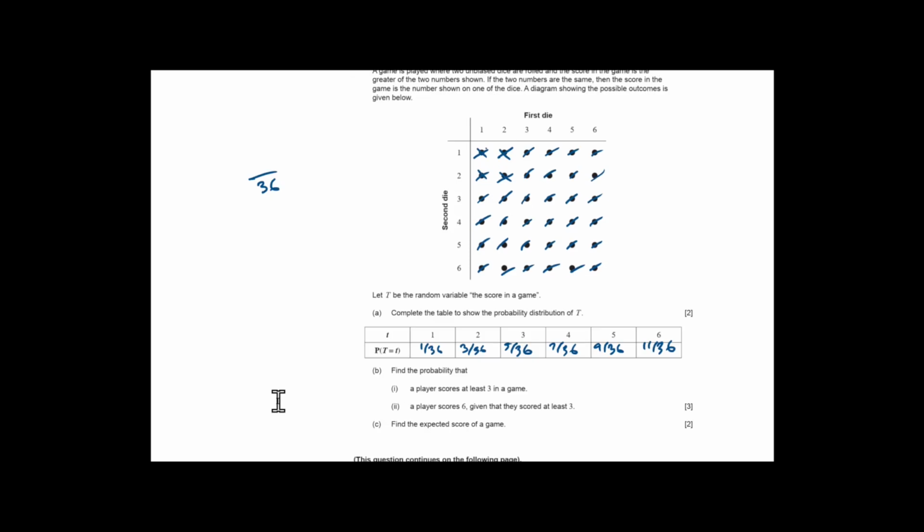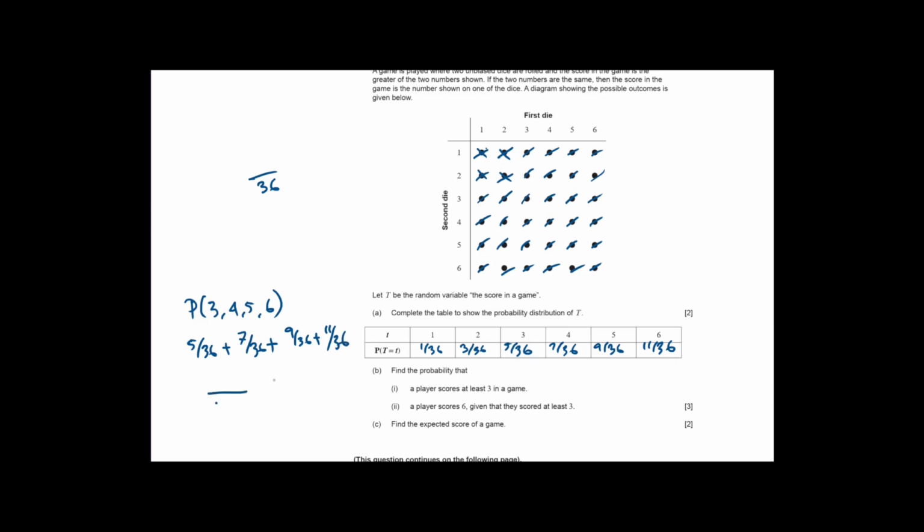So find the probability that a player scores at least 3 in the game. Okay, so the probability of at least 3 is including 3. So it's the probability of getting 3 or 4 or 5 or 6. So we're going to add those together. So the probability of getting 3 is 5 over 36 plus 7 over 36 plus 9 over 36 plus 11 over 36.